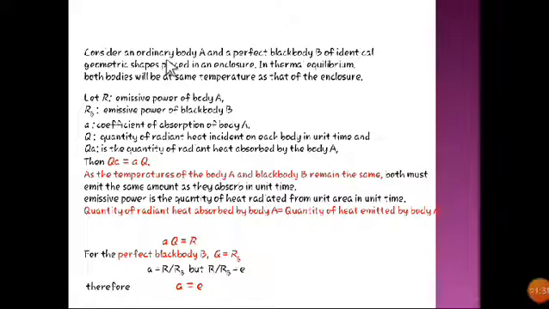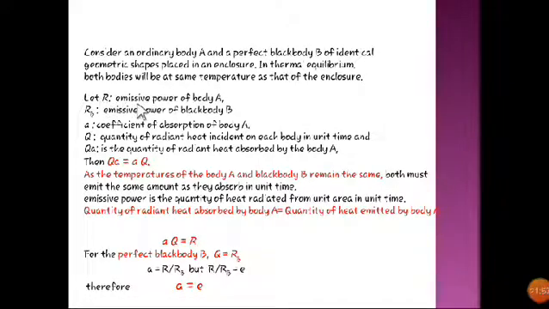That means consider A as ordinary and B as black body. Both are the same in shape, and they are at thermal equilibrium, that means the same temperature as that of the enclosure in which they are put.